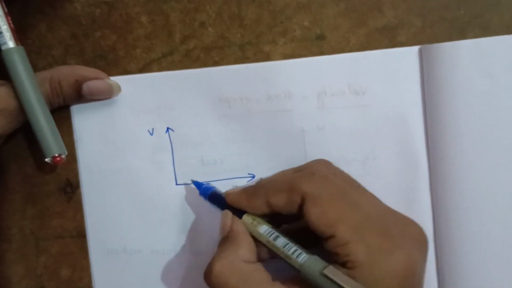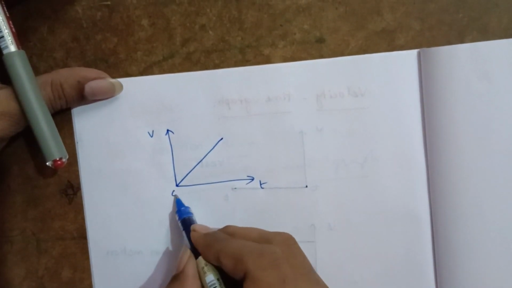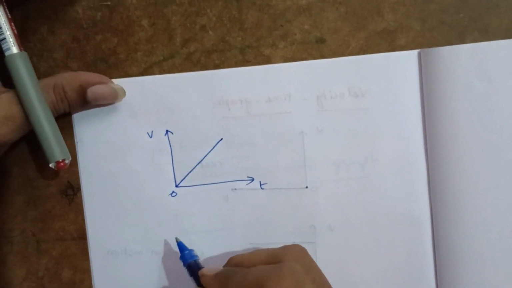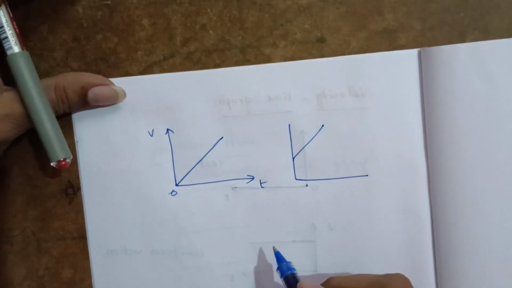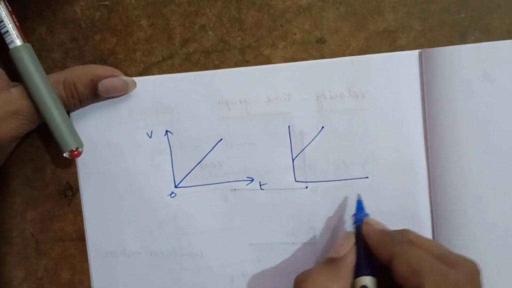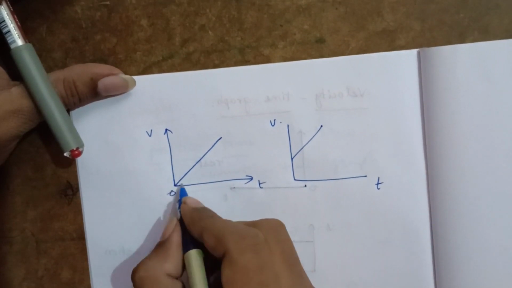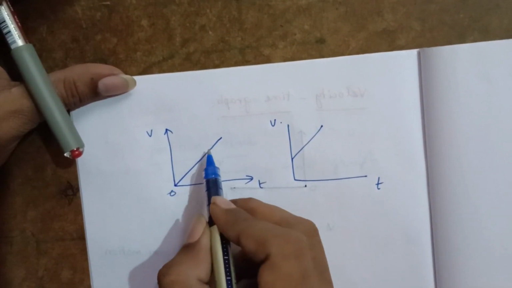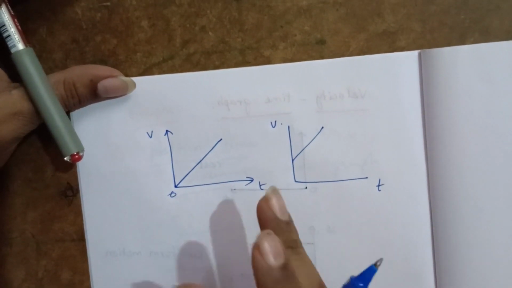Same velocity time graph, a straight line passing through the origin, or passing through some other point. That indicates that the velocity of the body is increasing with time, anyhow changing.